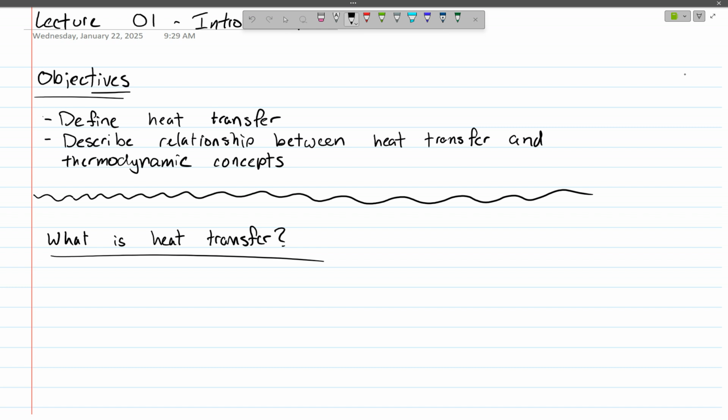And so, everyone in this room has an intuitive sense of the mechanisms of heat transfer. Right? Everyone has used it, whether that is, you touch a hot cooking dish, or a pan off the stove, and you get burned because of the conduction of thermal energy between the pan and your hand, right?